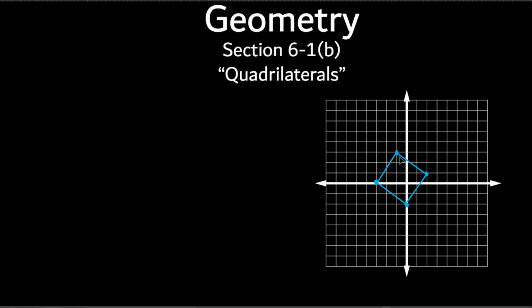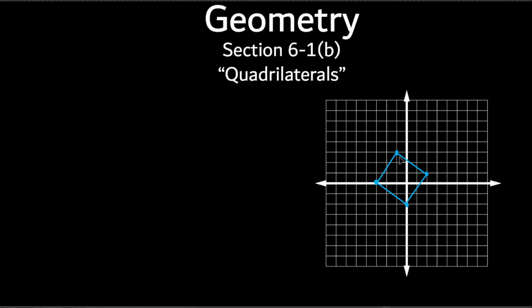Give me a good geometry word. Perpendicular. They would be perpendicular. Do you remember what it means for 2 lines to be perpendicular? Negative reciprocal. Yes, very good. The slopes of the 2 lines have to be negative reciprocals of each other.